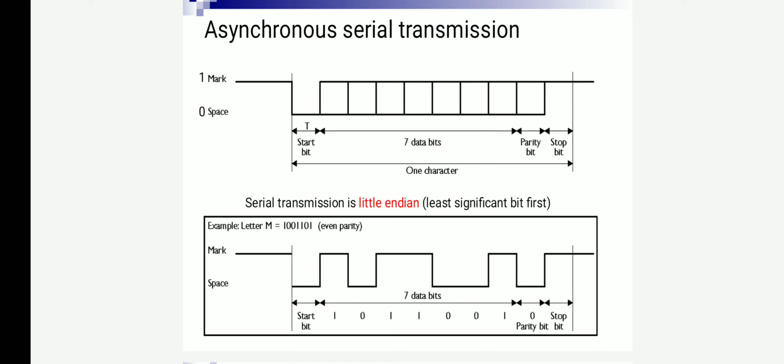From this diagram we can see that there is one start bit at the starting of the data, then the LSB bit 1, then 0, then 1 1 0 0 and 1. The last one is the MSB of letter M.